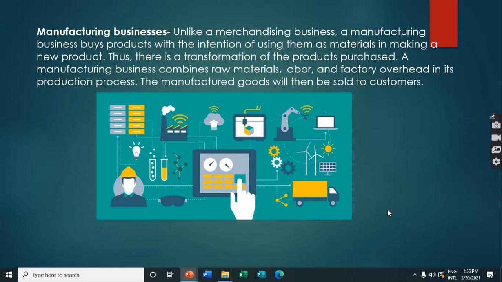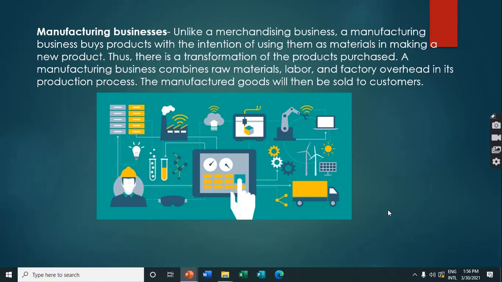And when we say manufacturing businesses, ano ba ang ibig sabihin ng manufacturing business? So, unlike a merchandising business, a manufacturing business buys a product with the intention of using them as materials in making a new product.